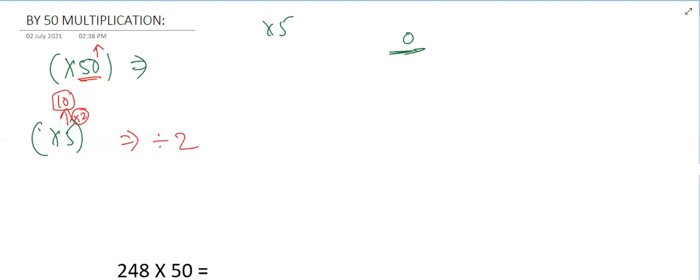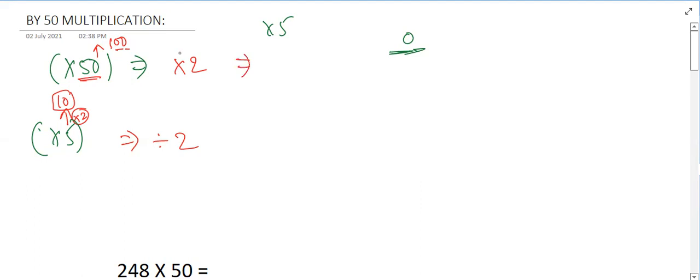Instead of multiplying by 50, we can multiply by 2 and the base number becomes 100. The base number consists of 2 digits, so we have to keep the last 2 digits.